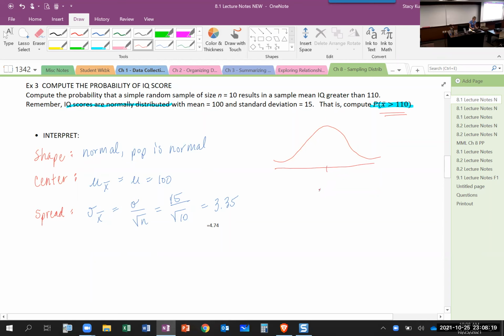So my mean of the population is 100, and therefore the mean of my sample means is going to be the same thing, right? The mean of the population and the mean of the sample means are going to be the same. And what is the likelihood that when I go out and sample, my sample mean is greater than 100?